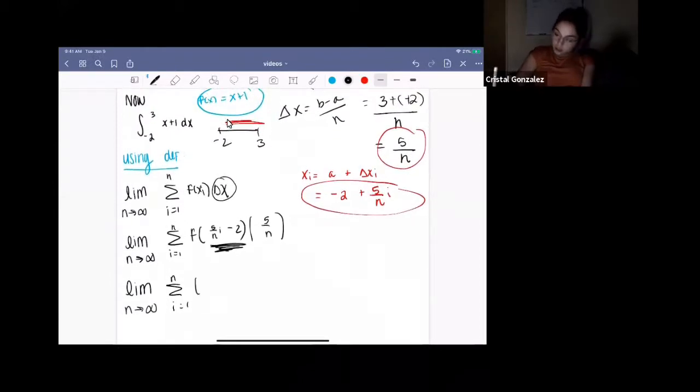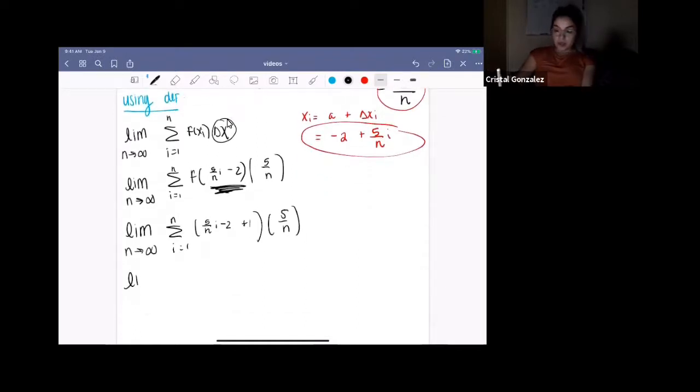So it's going to be 5i over n minus 2 plus the 1 on the outside, and then times 5 over n. Okay, beautiful. And so now we're going to get the limit as n approaches infinity of the sum from i equals 1 to n of 5i over n minus 1 times that 5 over n.